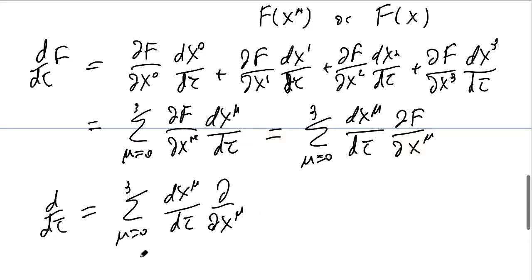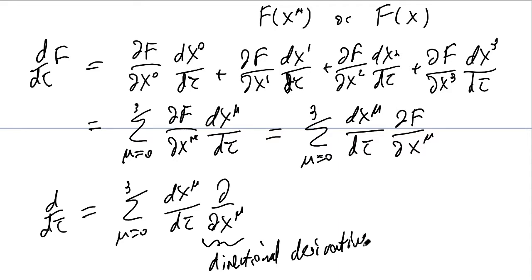So what we have here is a linear combination with coefficients dx mu d tau of these derivative operators. So these derivative operators, these are directional derivatives along the coordinate lines x0, x1, x2, x3. Directional derivatives along the coordinate lines.